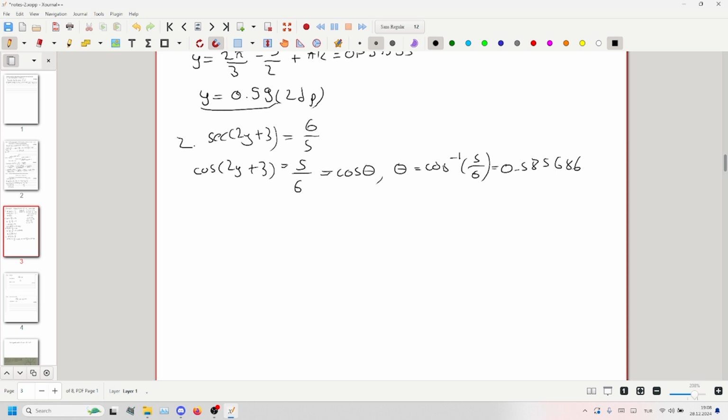So, okay, now what are the equations that we can write? I'm going to label this as A. 2y plus 3 is equal to this theta plus 2 pi k. So from this, y would be theta minus 3 divided by 2 plus pi k. I think, yeah, right.